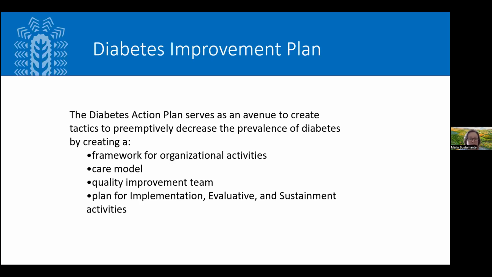We are addressing diabetes through that model. Quality improvement teams. We have grown even day by day more used to working with quality improvement teams, and quality improvement is embedded within all of our work nowadays. The same for plan for implementation.